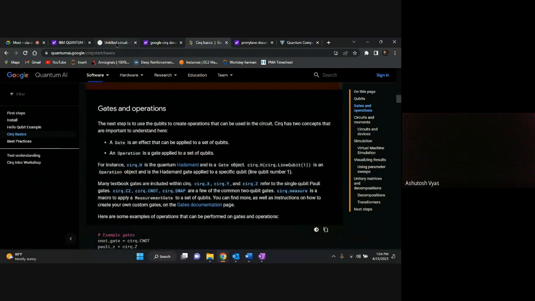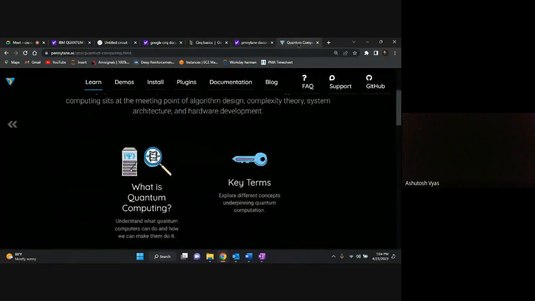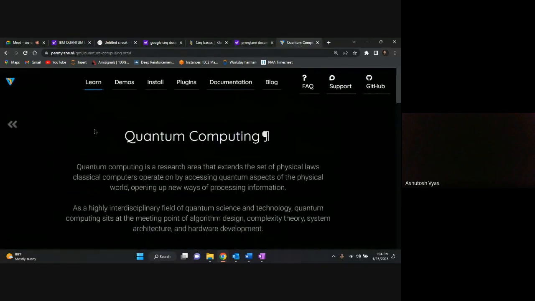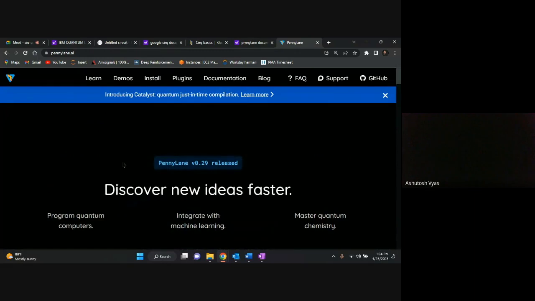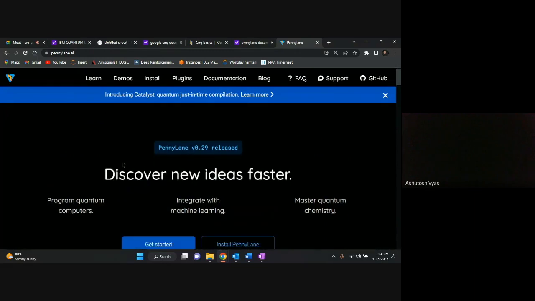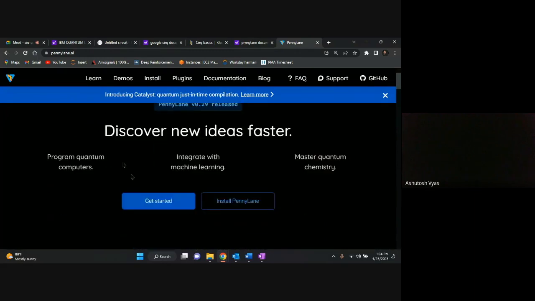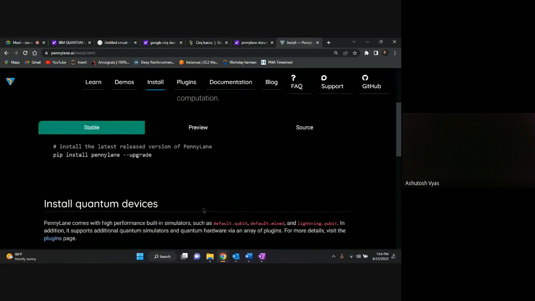There is another library which I want to introduce to all of you, which is PennyLane. It's a brilliant effort by Xanadu. Xanadu is the company which has developed PennyLane, right? And PennyLane again is Python-based. You can again install PennyLane using a simple command like pip install pennylane.